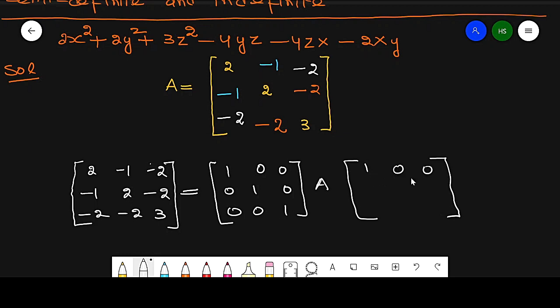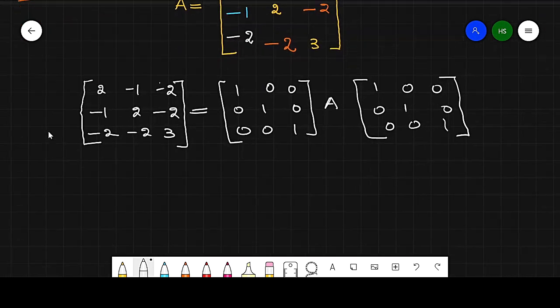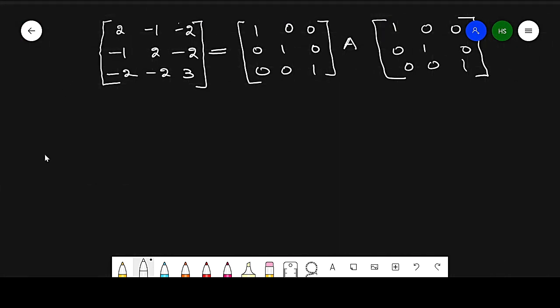If I apply a row operation, it will affect the pre-matrix. If I apply a column operation, it will affect the post-matrix.